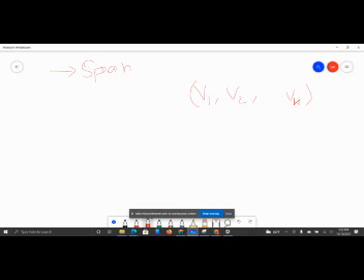A span of a set of vectors is basically the set of all their possible linear combinations. So it's the set of all possible outputs to the function of c1 through ck, which is equal to c1 v1 + c2 v2 + ..., effectively their linear combination.